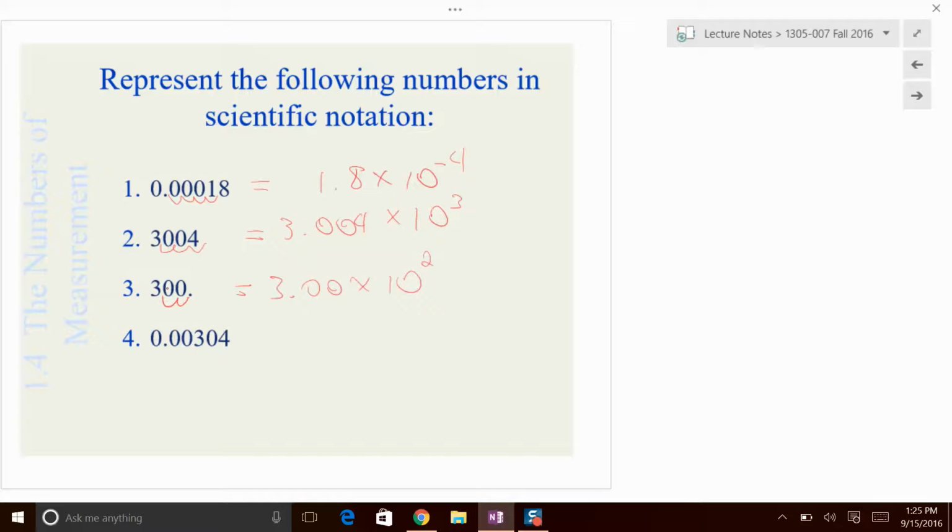Okay, last one. 3.04 times 10 to the 1, 2, 3, negative 3. Okay? And that's how I'm going to write that. You have to include all the significant digits in the scientific notation. Okay? So that's important to do.